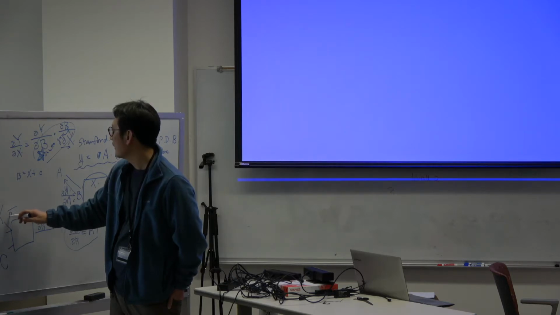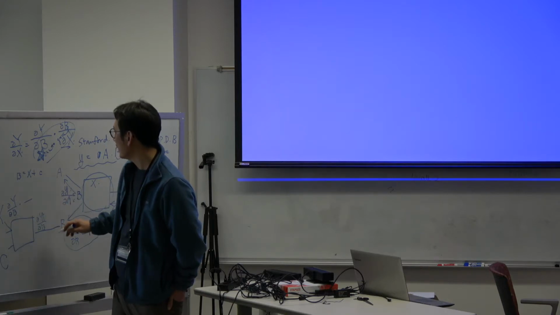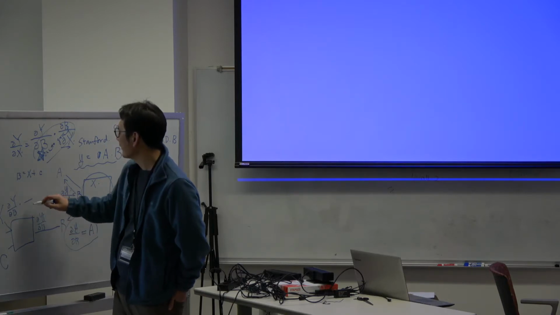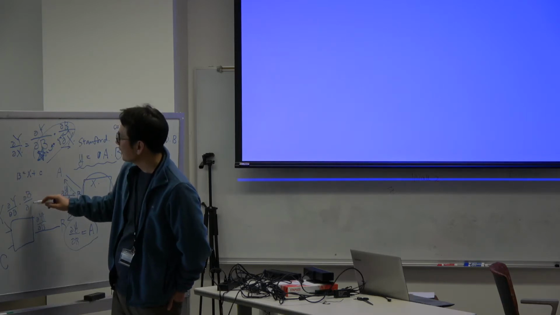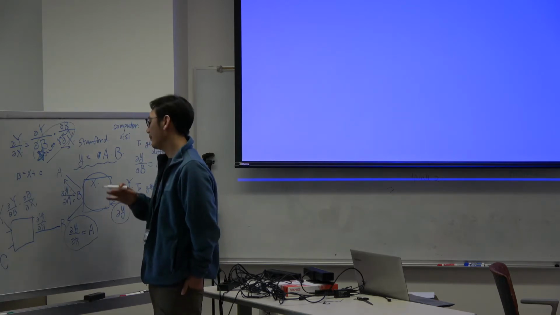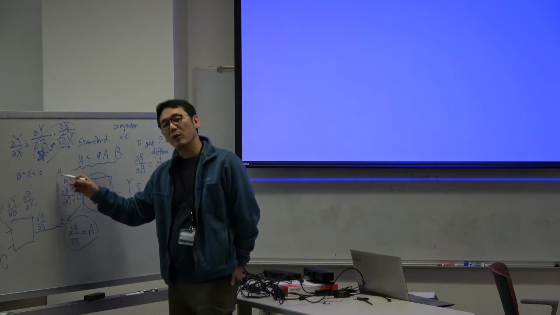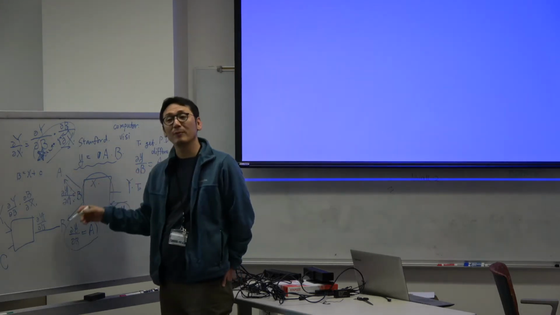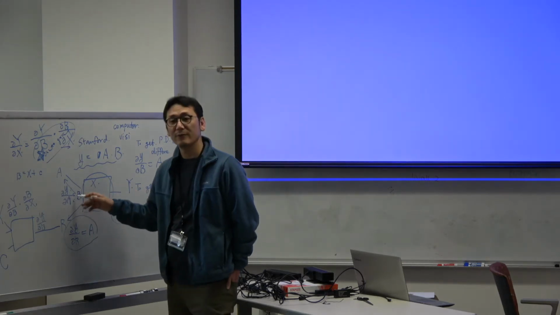So my essence is, let's say you did one forward pass and you want to do a backward. How can you get these values?